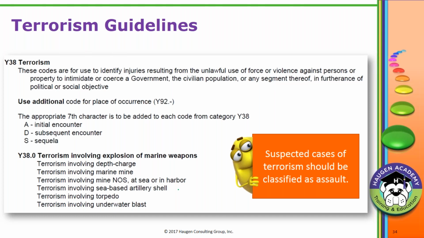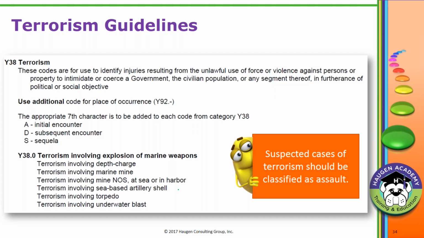When the cause of an injury is identified by the FBI or our federal government as a terrorism attack or as a terrorism event, the first listed external cause code should be a code from this category, the Y38. The definition of terrorism is going to come directly out of our federal government. If they deemed it a terrorism event or attack, then that is when we would be using these types of codes.